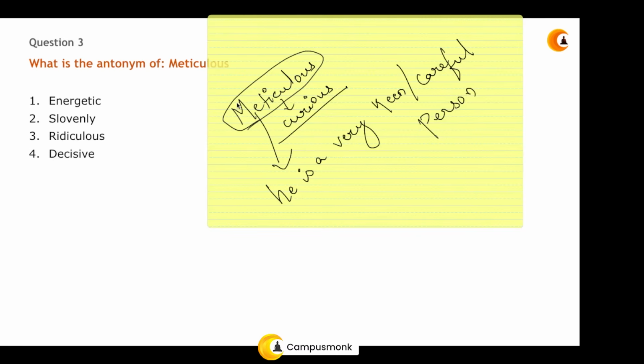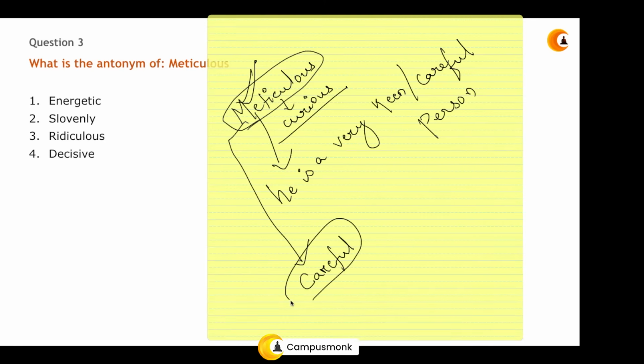That is what the term meticulous refers to. It means careful. Now, if it means careful, then what is the opposite of careful? Opposite of careful is careless.